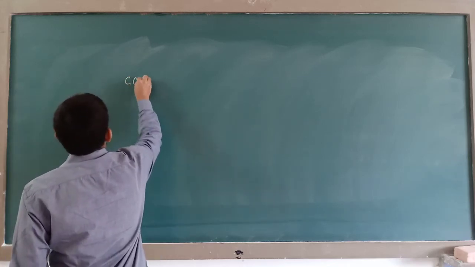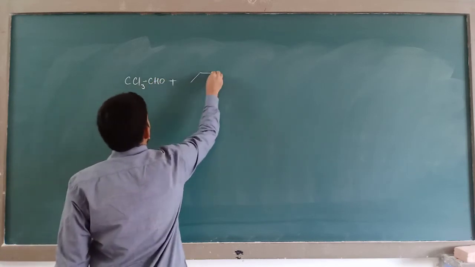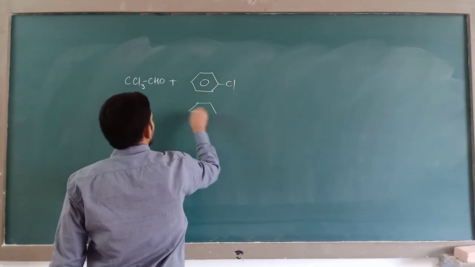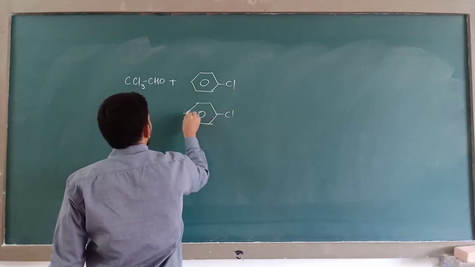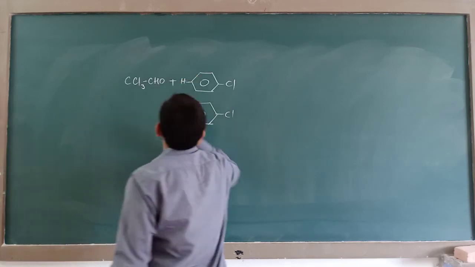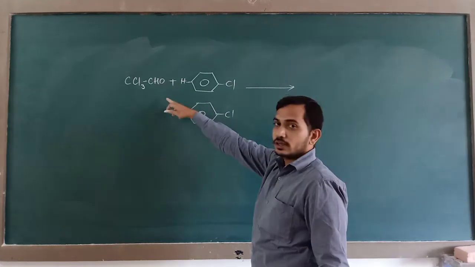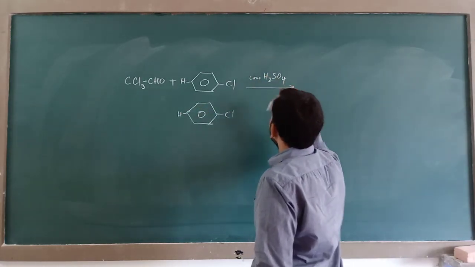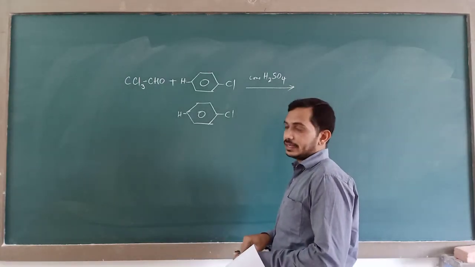So let us first take chloral. It is reacting with chlorobenzene. I will take 2 moles of chlorobenzene because the product requires 2 moles. Now when 2 moles of chlorobenzene are reacted with chloral in the presence of concentrated sulfuric acid, the role of concentrated sulfuric acid is it acts as a dehydrating agent.